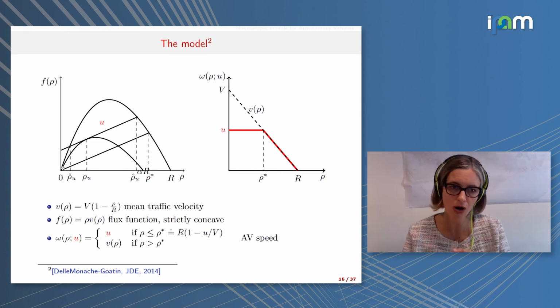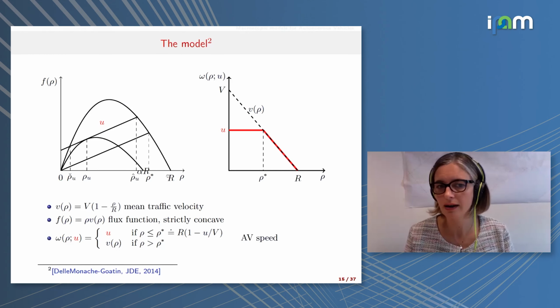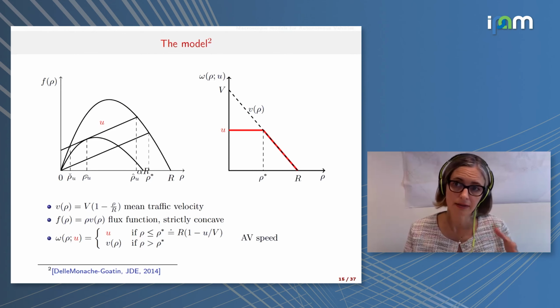On the road, the traffic flow is described by this flow function with maximal density capital R. At the autonomous vehicle position, the flow is reduced by a factor alpha here.